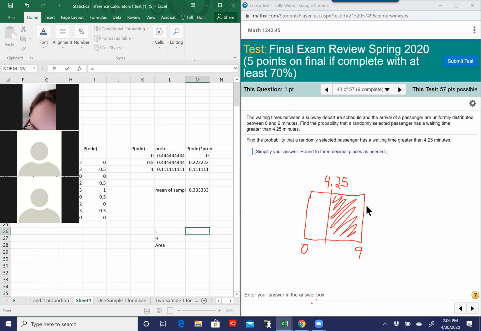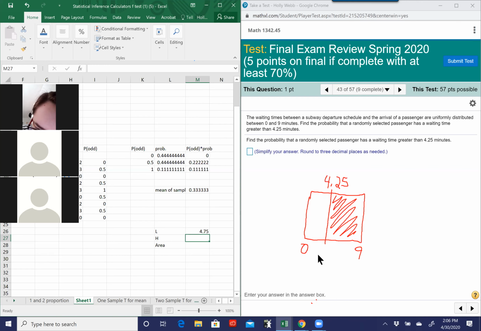Will it be the 9 minus 4.25? Exactly. Okay, and then how do we find that height? It's this other dimension. In that case, we're going to remember that the entire rectangle has area 1 and that the entire length is 9.